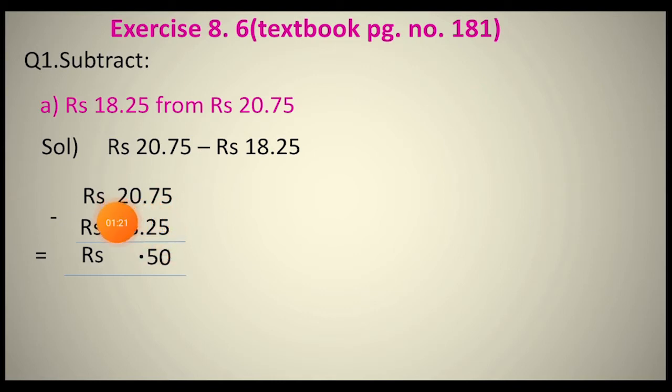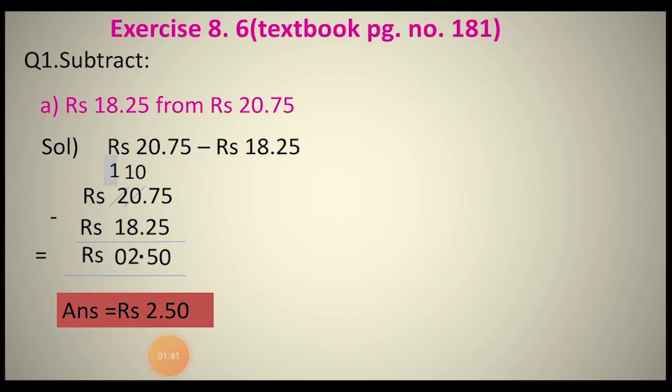We need to take a borrow from its previous digit, that is from 2. So this 2 will become 1, and by taking 1 borrow, this 0 will become 10. So 10 minus 8 we can do, we get 2, and 1 minus 1 will be 0. So we got the difference, that is rupees 2.50.